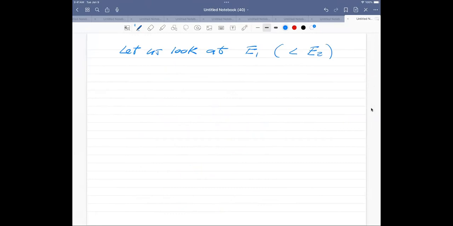So what we have then, when we plug everything in, is an E1 which is equal to 1/2 of epsilon1 plus epsilon2, and then I have minus. So I take the lowest one instead of plus. This is just a standard second order equation. And I have the square root of epsilon1 minus epsilon2 squared plus 4 lambda squared.